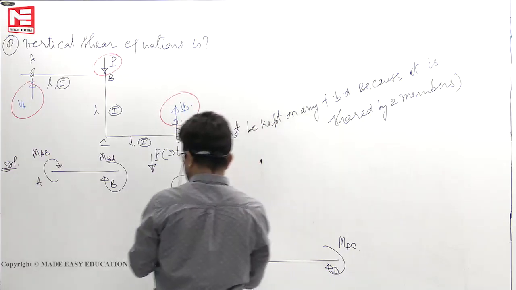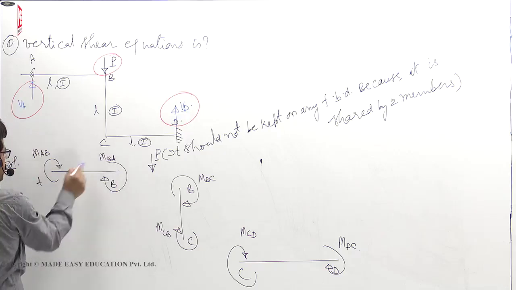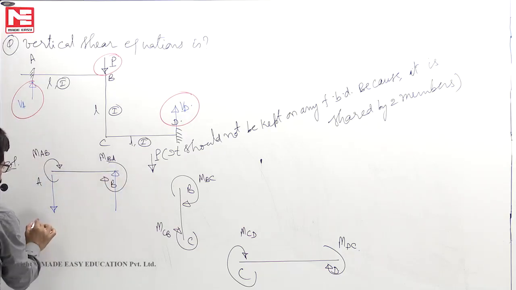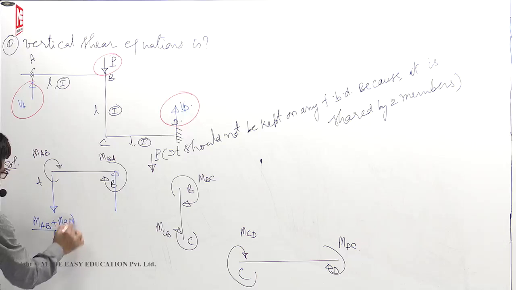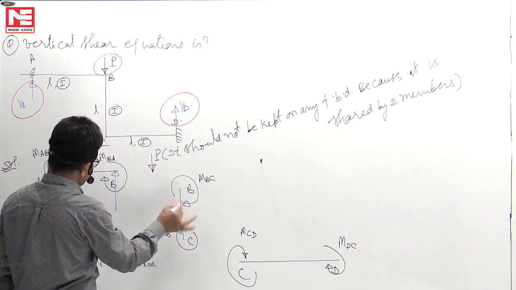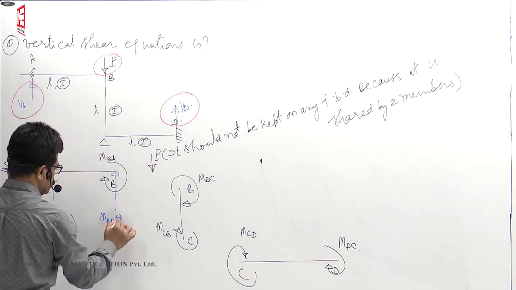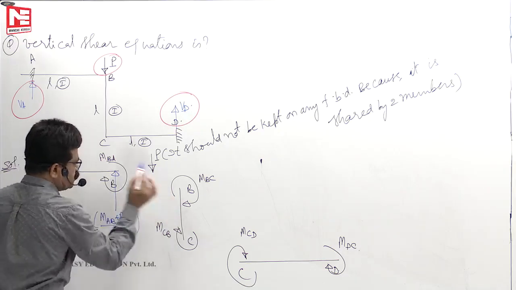So, if you show the free body diagrams here, you see this is clockwise, both clockwise. So, anti-clockwise you have to show, couple. How much is that here? MAB plus MBA by L. This is actually reaction VA. Other points we are not interested. This is also same thing, MAB plus MBA by L. This you don't have to show here.